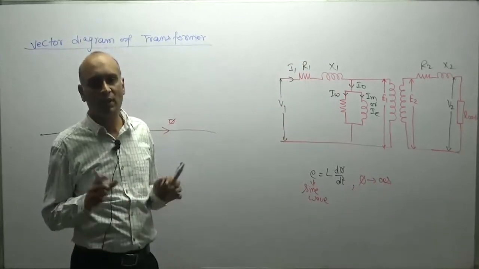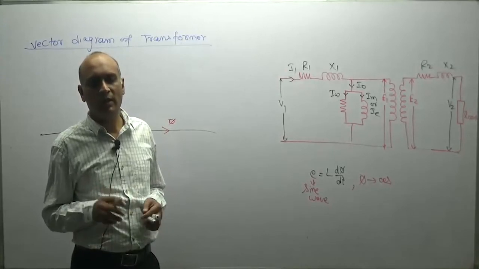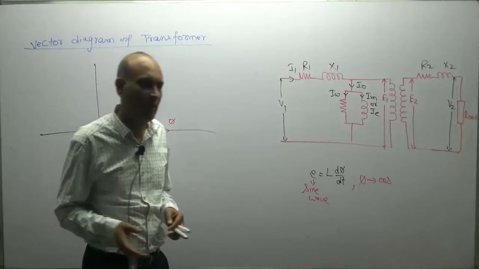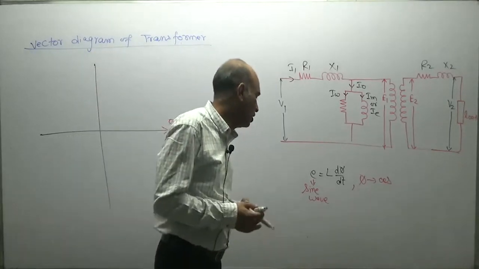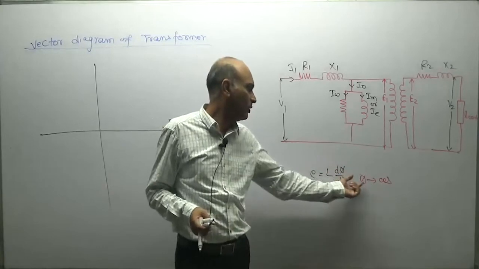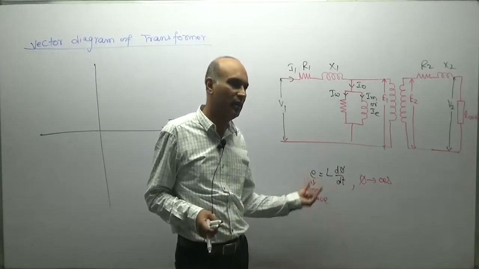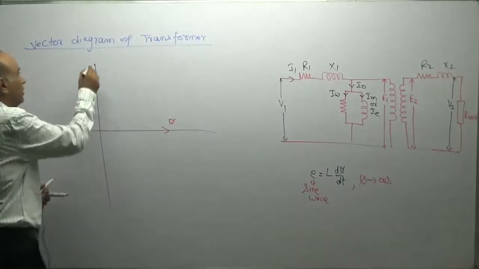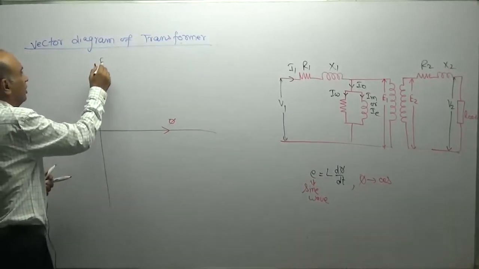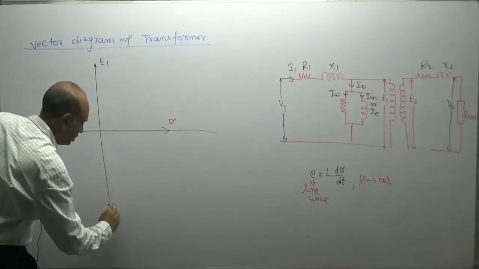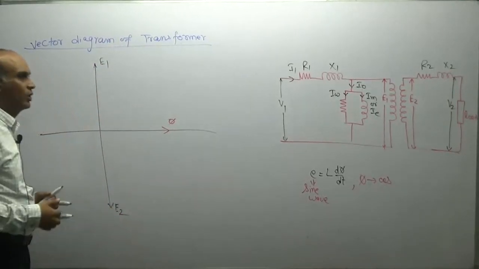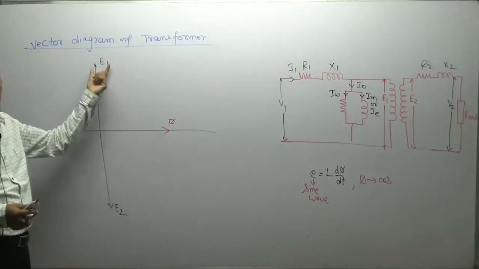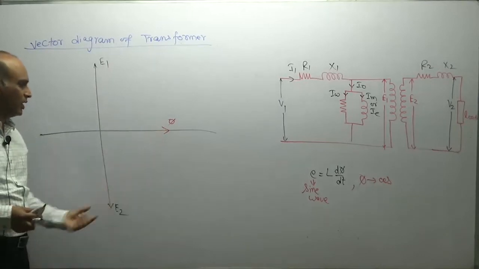Cos wave is also a sine wave, but with a phase difference of 90 degrees. So the phase difference between flux and voltage is 90 degrees. In the vector diagram you will find it. Here is E1, here is E2. You can see the phase difference between flux and voltage is 90 degrees.